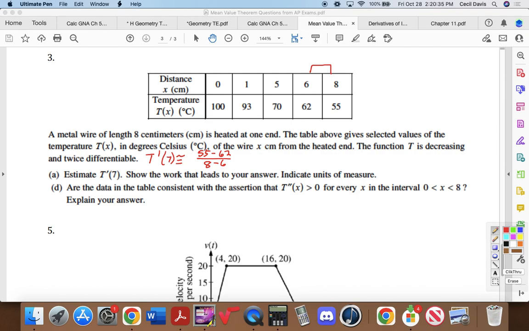But you can lose a point if you simplify it wrong. Now, if this is a homework problem, you want to go ahead and do it. But if this is an actual AP exam, there is no reason to continue working on that.